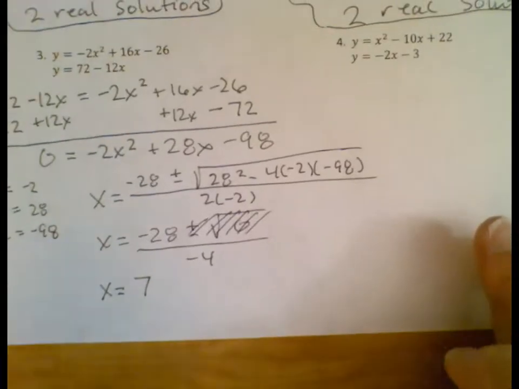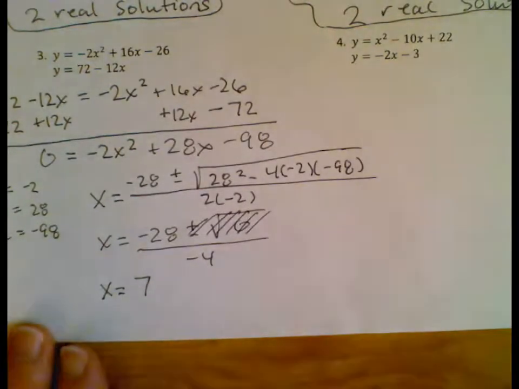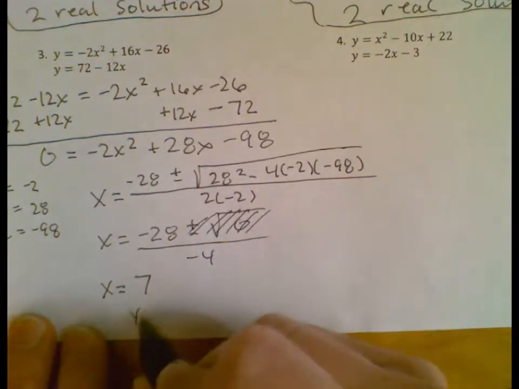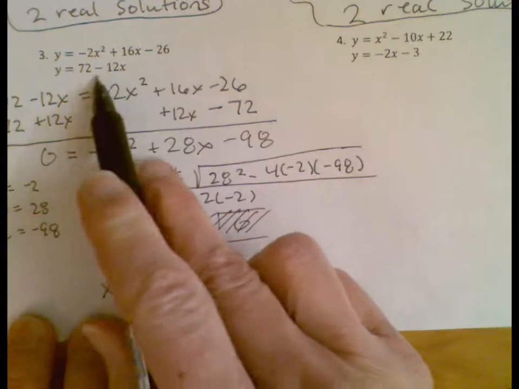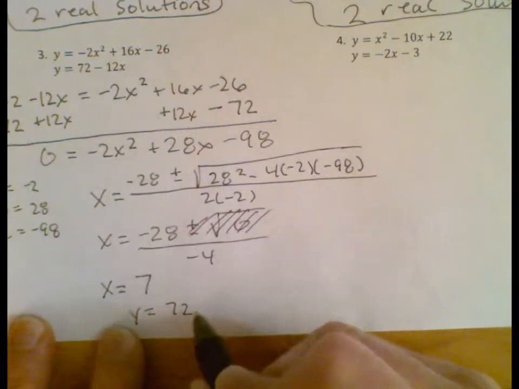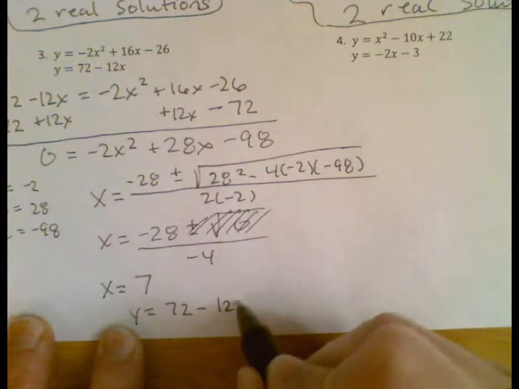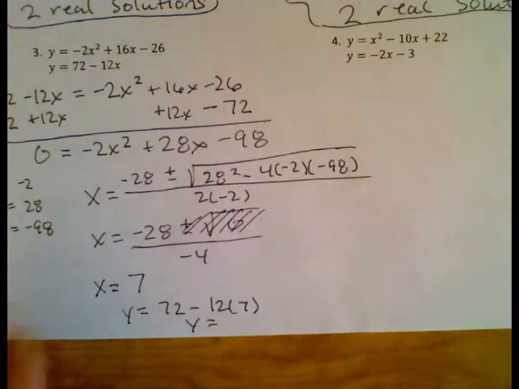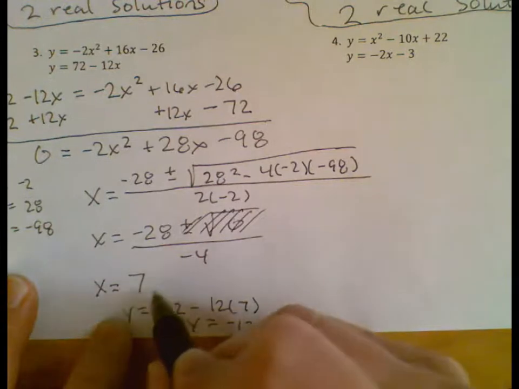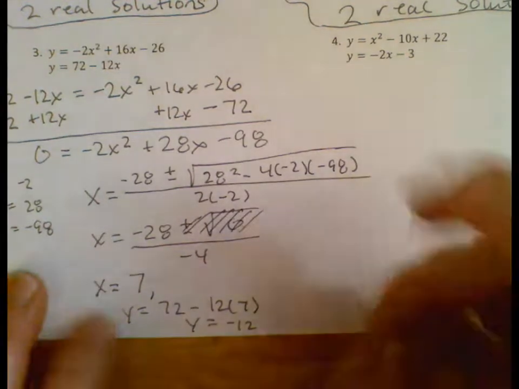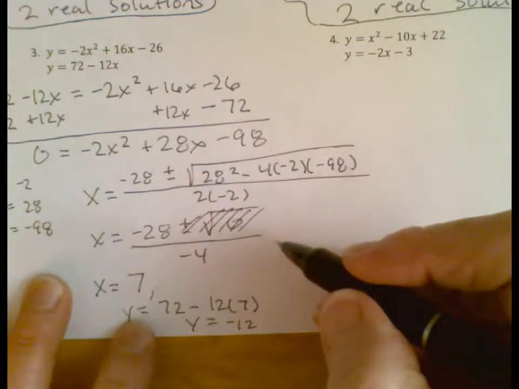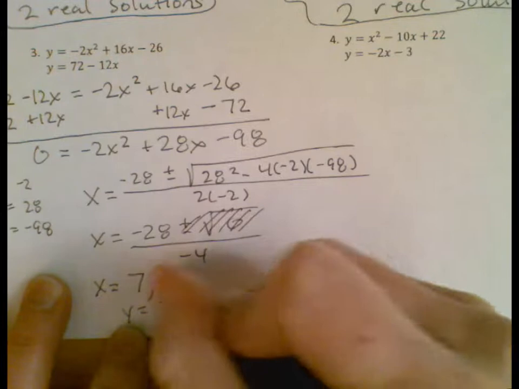Sorry about that. Okay, now the only thing we have to do is figure out the y-coordinate that matches up with the 7. So I'm going to plug it into the second equation. And that is going to equal negative 12. So negative 12.